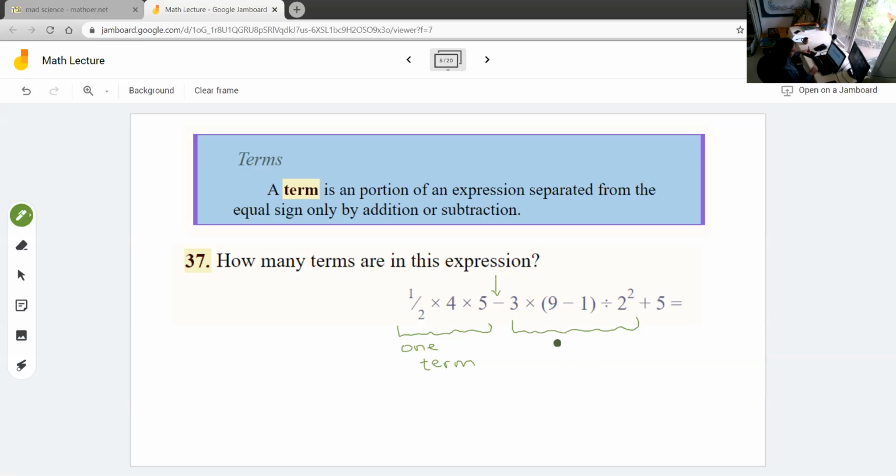There we go, that's a second term. I come to a plus or minus that's not in parentheses. And there's a third one. You can see that not all terms are equally exciting. This term is only the number 5. That's okay.